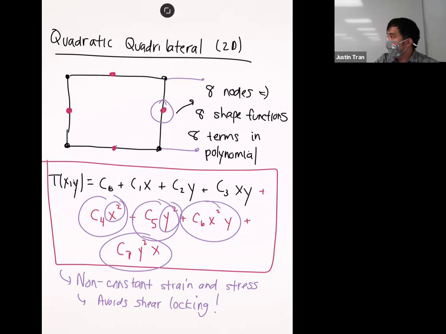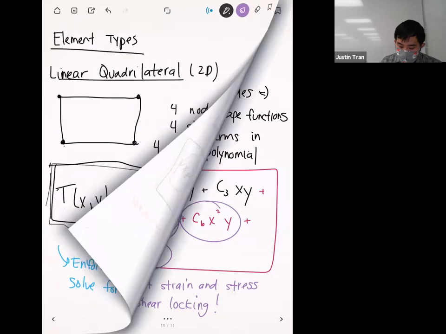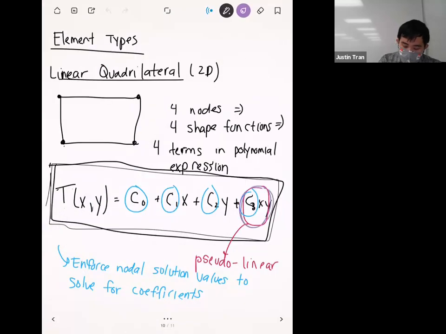But I will say that, for quadrilaterals, it's actually not that bad, because, if you look back at our equation for our linear quadrilateral, okay, we have this pseudo-linear term right here, okay? And so even when you take the derivative of this, you still get some variation, right? And so if you take the derivative of the C3 term with respect to x, even though x will go away there, y is still present. And so there is room to have some variation of strain within your linear quadrilateral, and so it's not as bad.